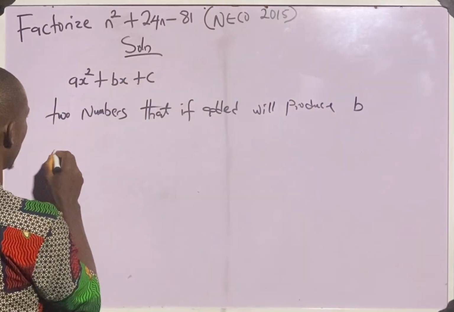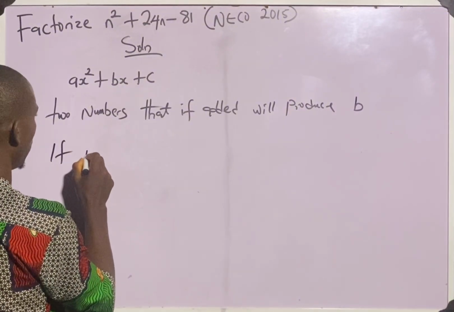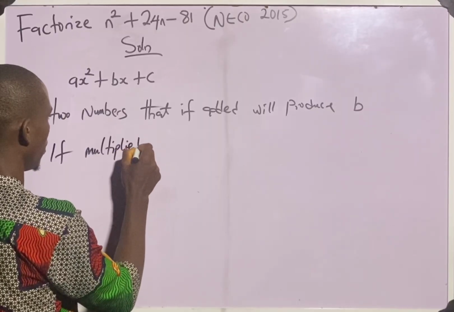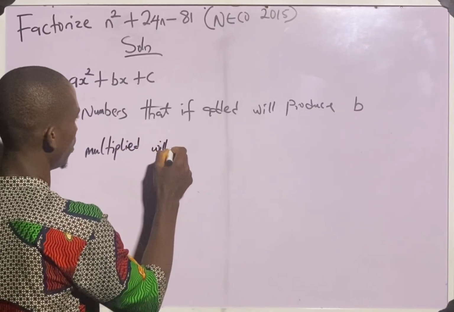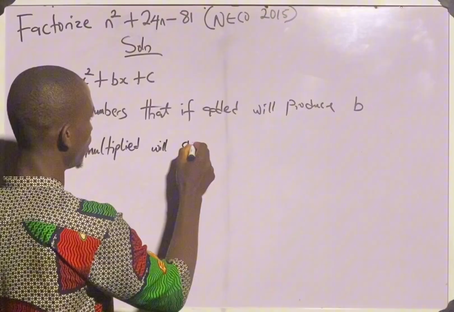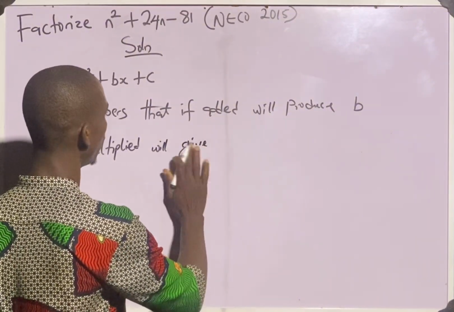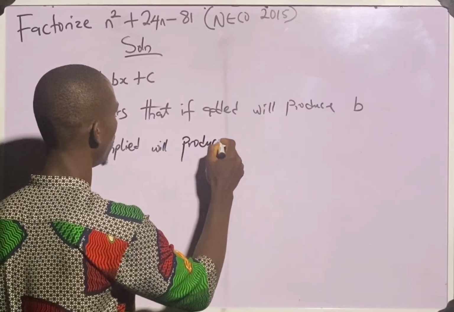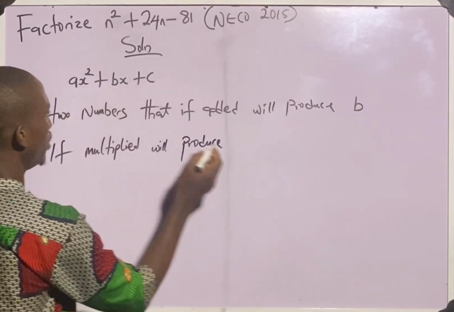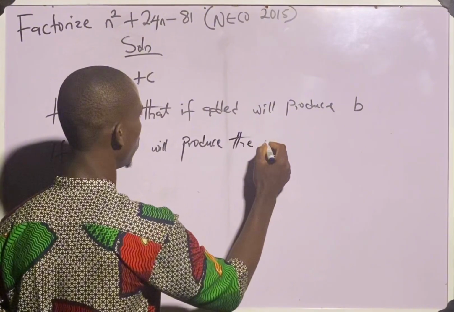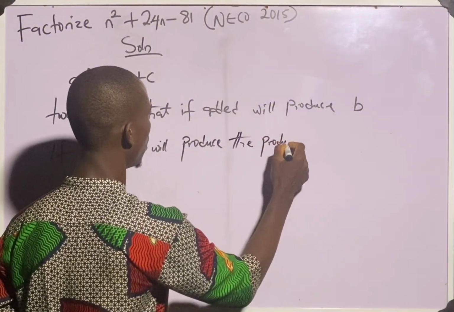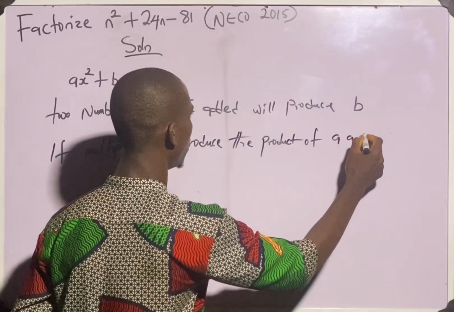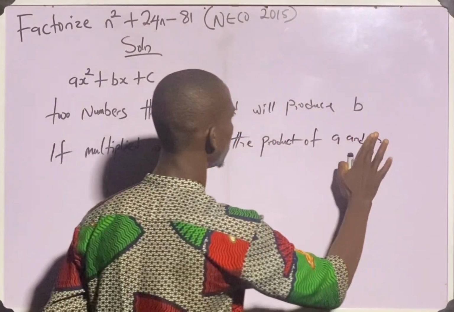And then if multiplied, they will produce the product of a and c.